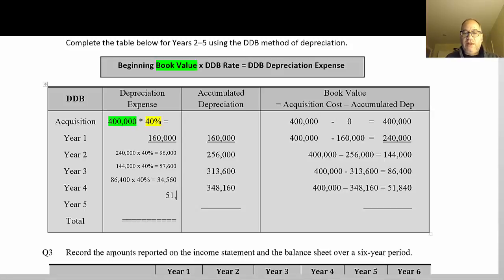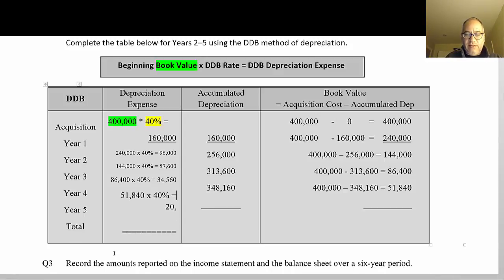Remaining book value now is 51,840 times 40% equals 20,736.